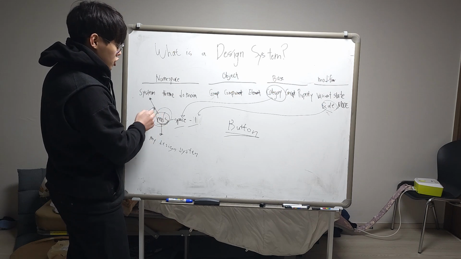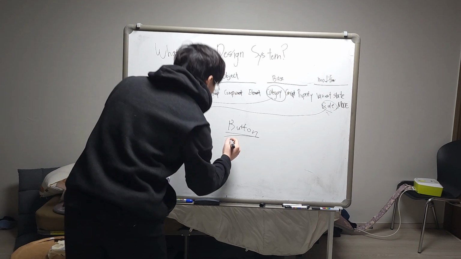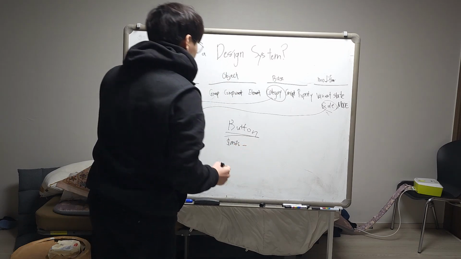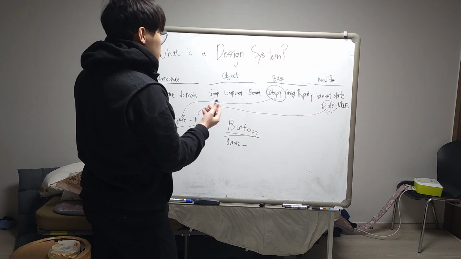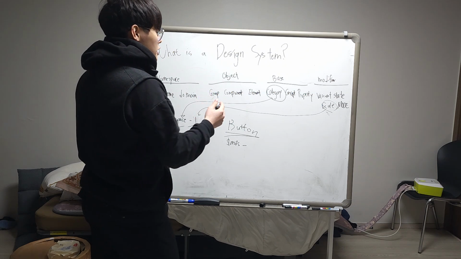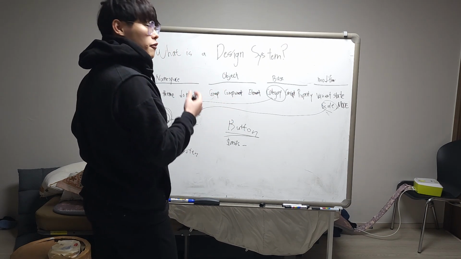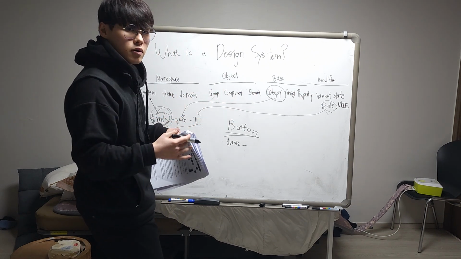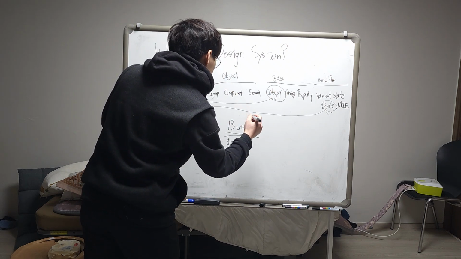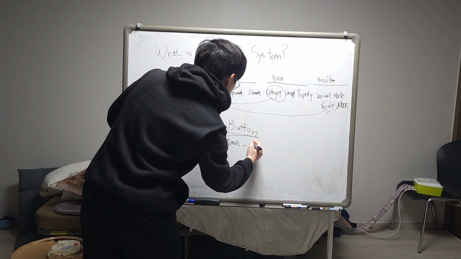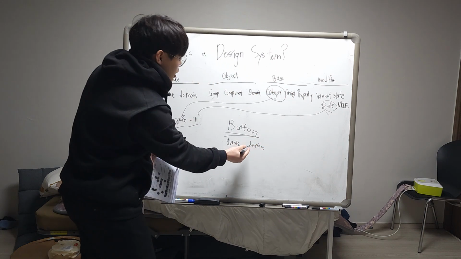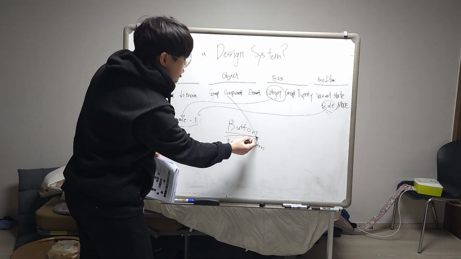Let's say we just use MDS. And next, the button we're trying to make is, let's say, just a component. It's a fancy component rather than the HTML button. We're not going to name it as a component, we're just naming it button because it is the component.